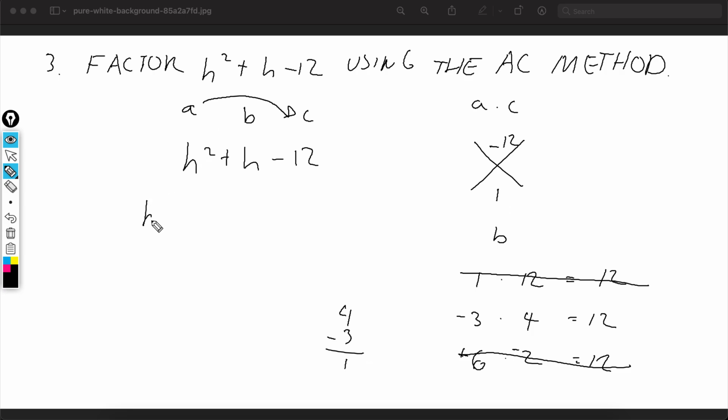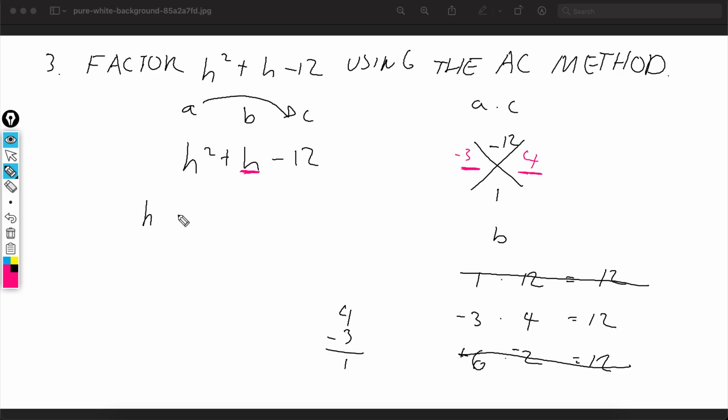So now we're going to write everything back to normal, except this part gets replaced with what goes in here. And what do I mean by that? So this, we established negative 3, positive 4.